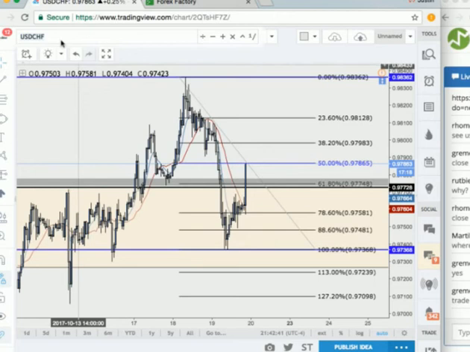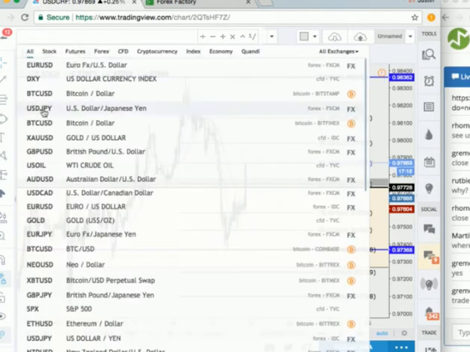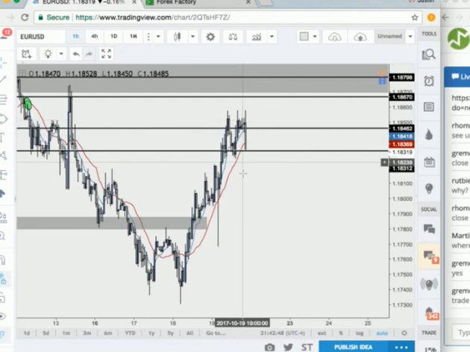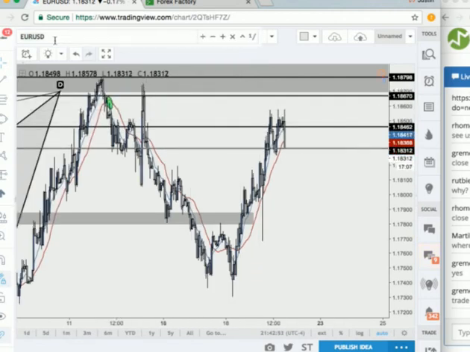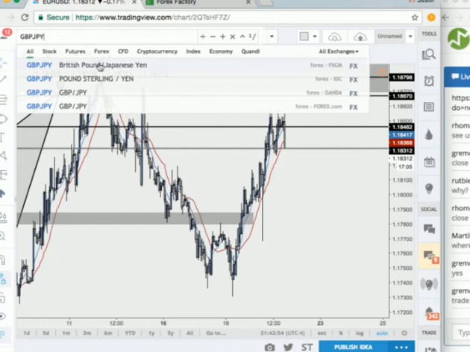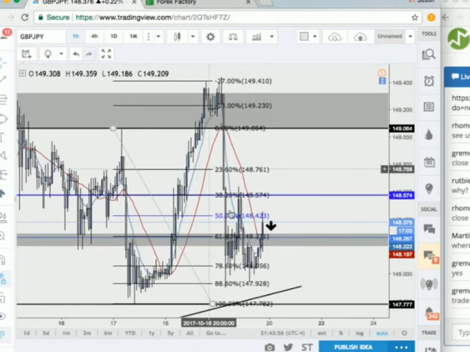Typically I would have shorted off there, but let's check out what's going on. Yep, euro would be dropping too. Yep, right there. Bam. Euro done. Gone. GBP JPY, what did that do? That probably shot up too. Yep. Shot up. Bam. Gone.